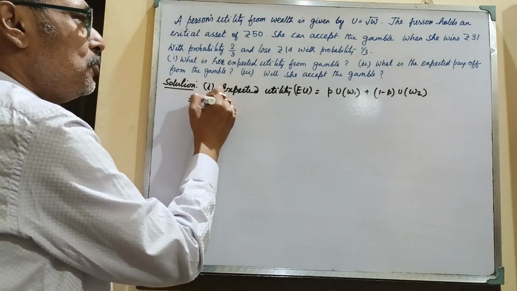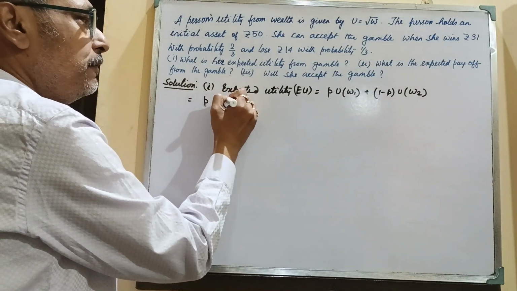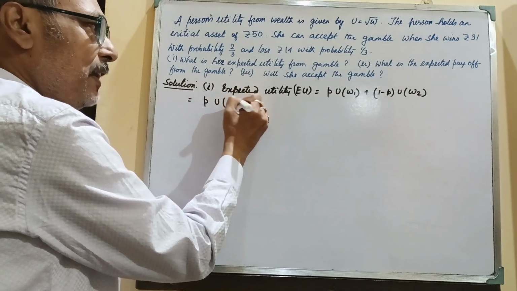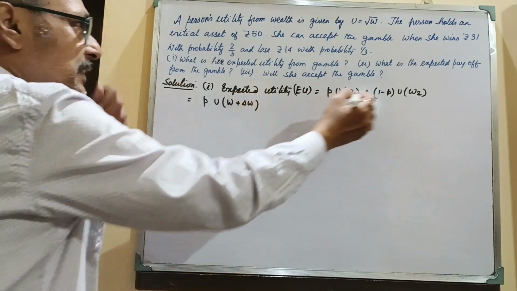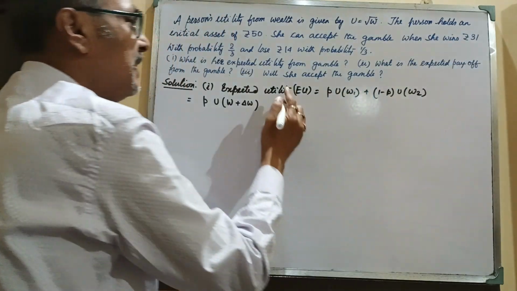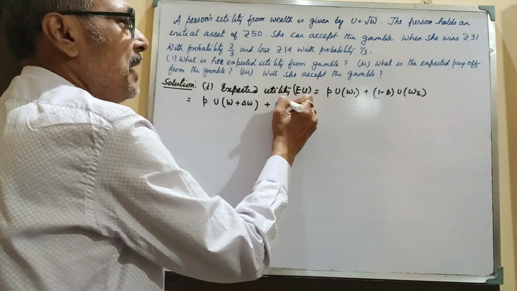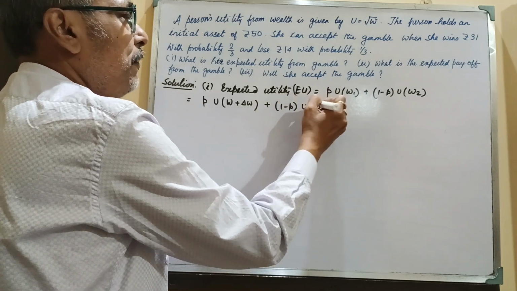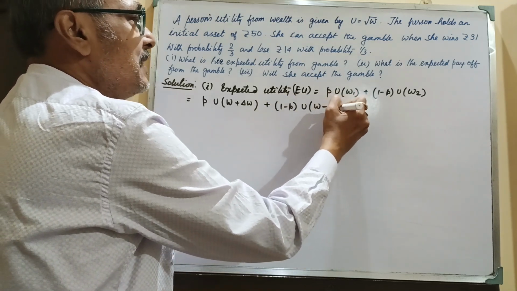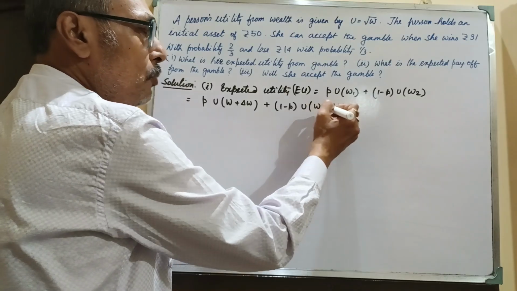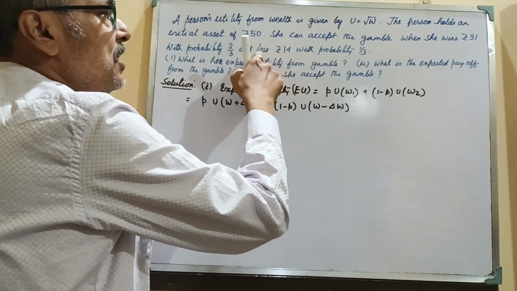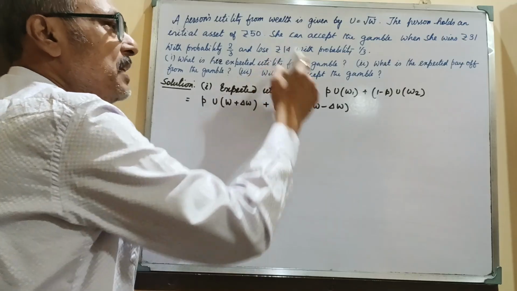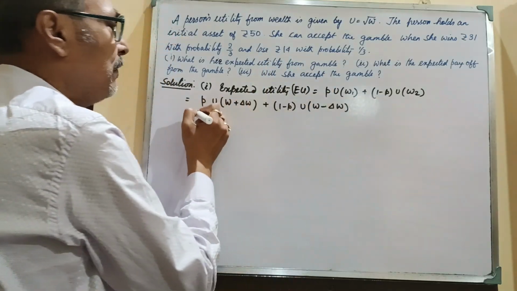That is P into U of W, the initial wealth plus change in W, that is she wins rupees 31, plus 1 minus P into U of W minus delta W, that is the individual loses rupees 14. We have to calculate this.